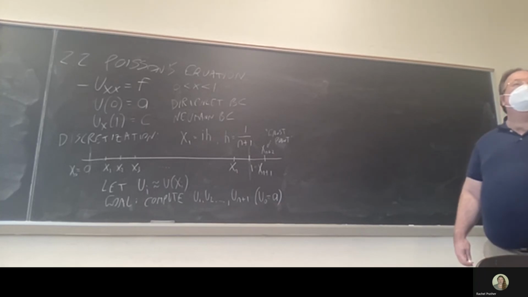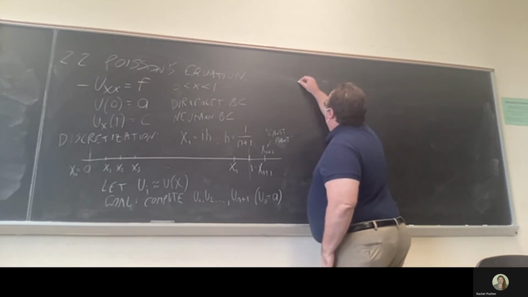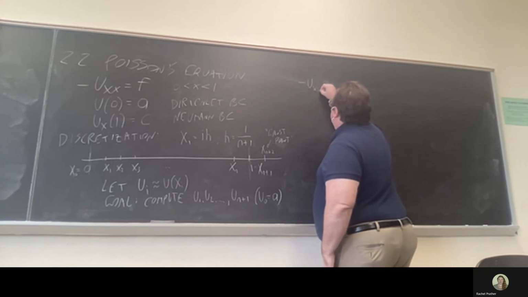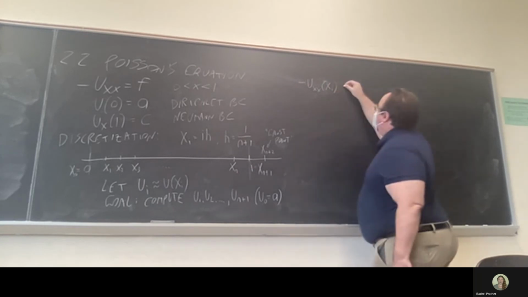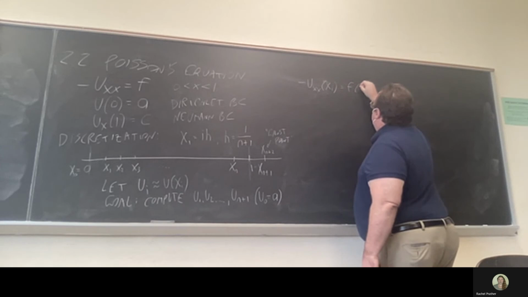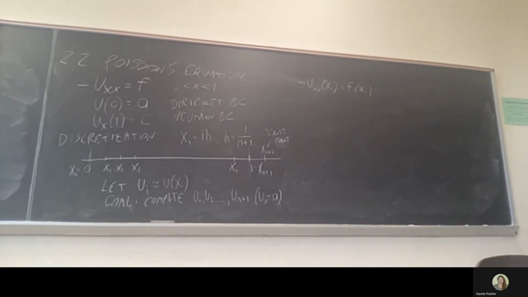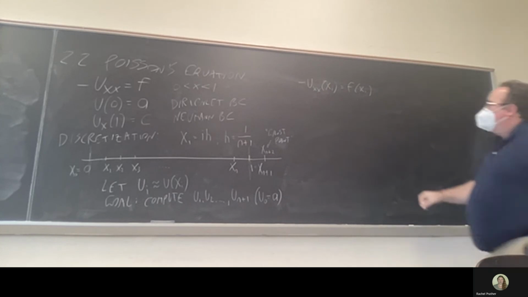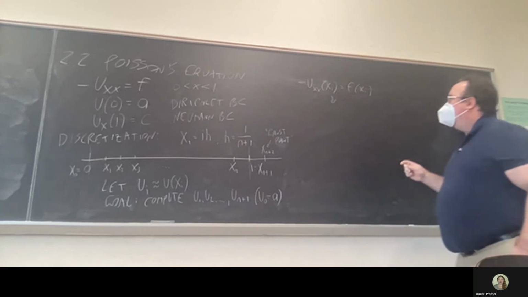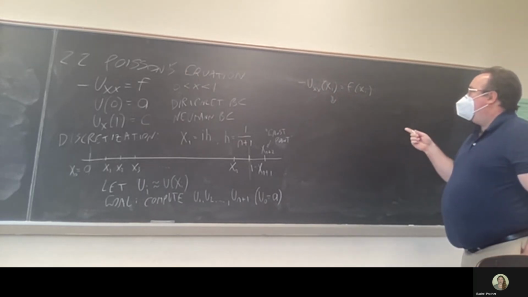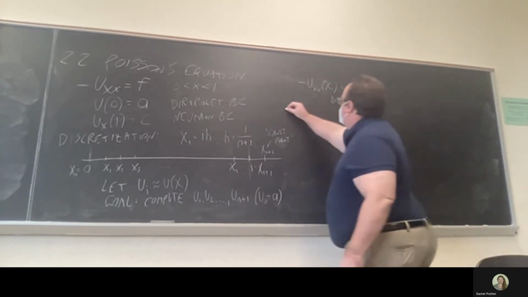That's what these finite difference stencils are for. So we have minus u_xx at a given point x_i equal to f(x_i). So this is just evaluating the PDE at a certain grid point. Now I'm going to replace u_xx by a finite difference formula.